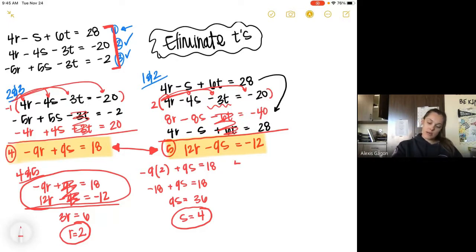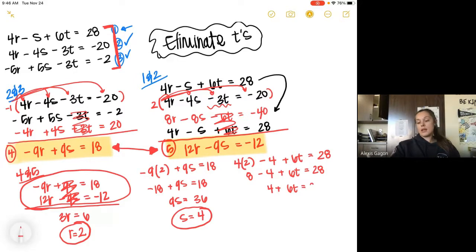This is going to be 4 times r, which is 2, minus 4 plus 6t equals 28. So that's 8 minus 4 plus 6t equals 28. 4 plus 6t equals 28. So 6t equals 24, which means t equals 4.